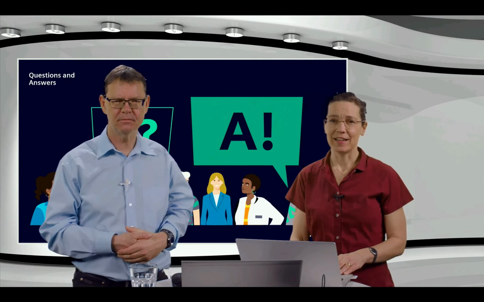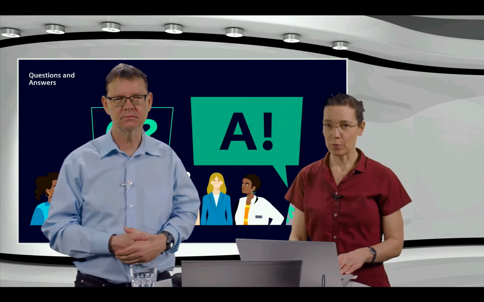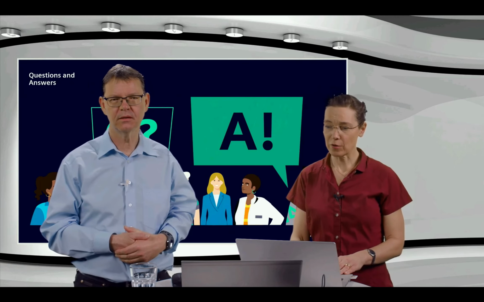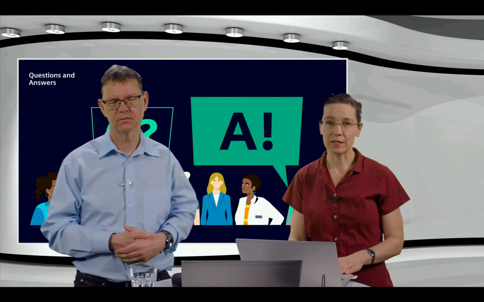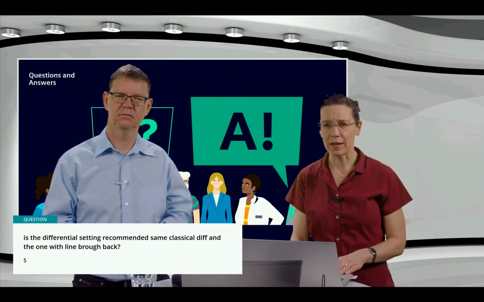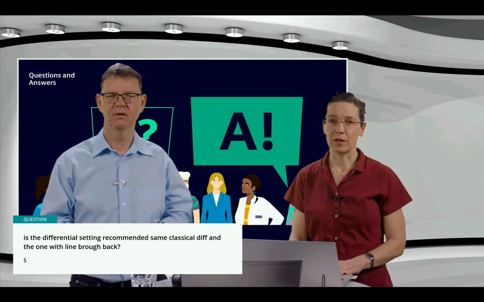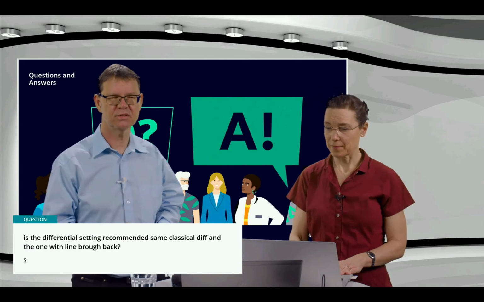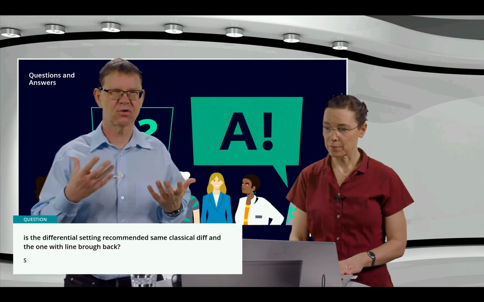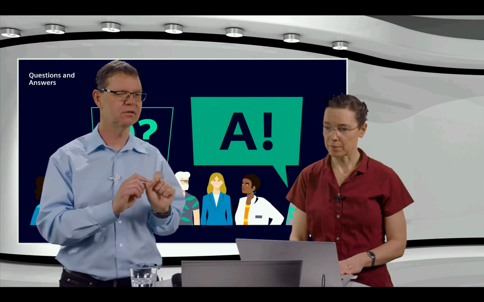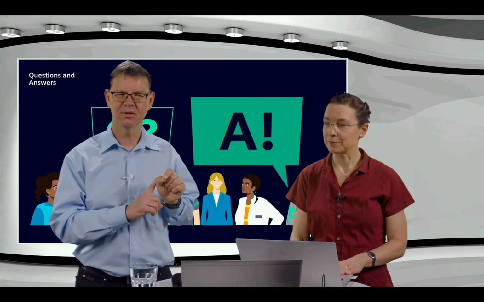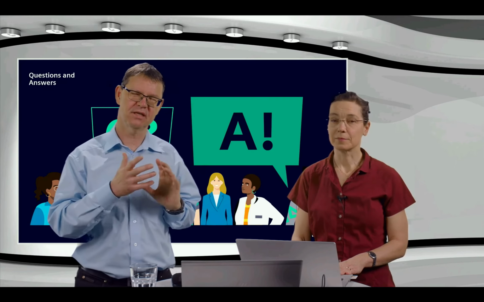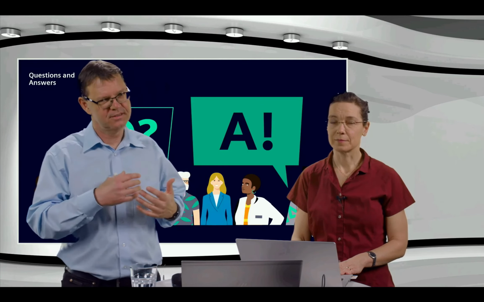All right, thanks. And then we take one or more questions right now in the audible way. The next one is: are the differential settings recommended the same as classical differential and the one with the line brought back? Approximately, yes, I would say. I think the scope here is not to squeeze out the most possible sensitivity, because you always sacrifice a little bit of the stability.